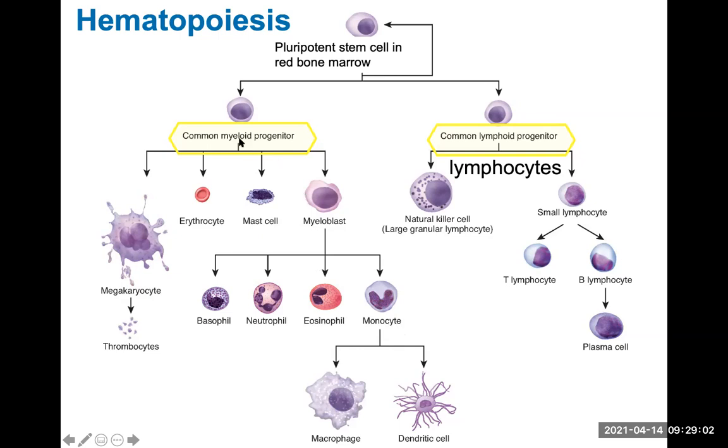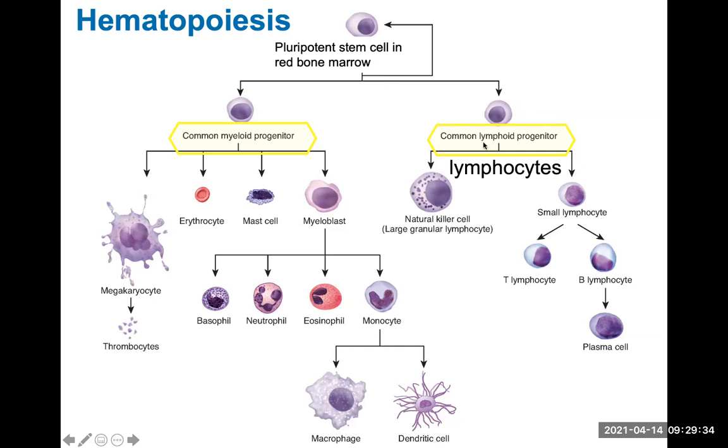So the myeloid progenitor will make the myeloblast, which will then make a majority of your white blood cells: basophil, neutrophil, eosinophil, and monocyte. Monocytes circulate in the blood. When they move into the tissue, they will further differentiate or mature, and they will become either a macrophage or a dendritic cell. Okay.